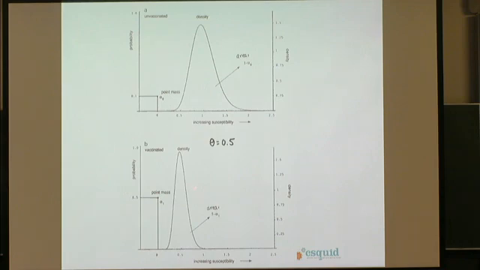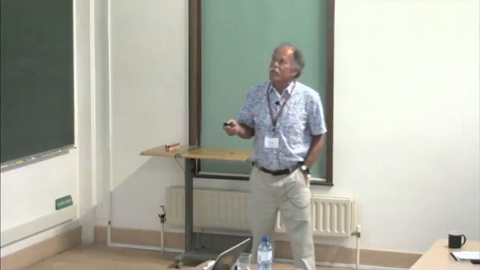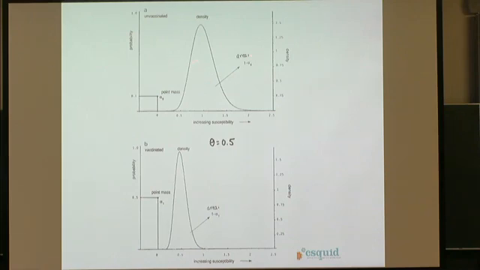So this is just a little illustration of what the model looks like. For unvaccinated people, this is the case where alpha 0 is 0.1, so 10% of unvaccinated people are fully protected, and the remainder have this density of their susceptibility.